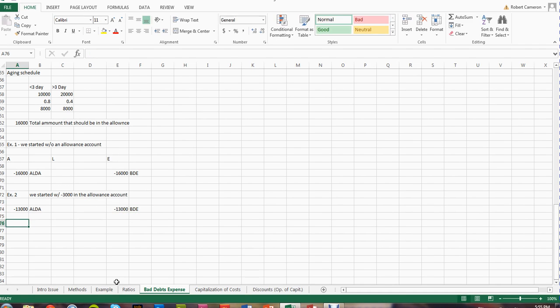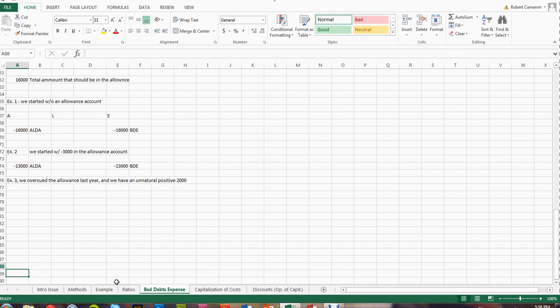And then over here, negative 13,000 bad debts expense. And then example 3, we overused the allowance last year, and we have an unnatural positive 2,000 in the account because we didn't estimate properly.